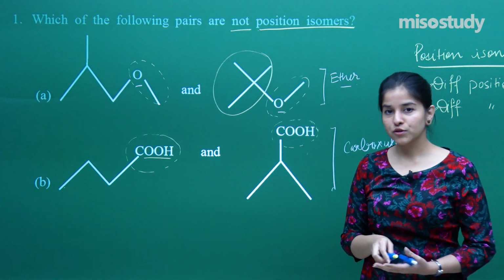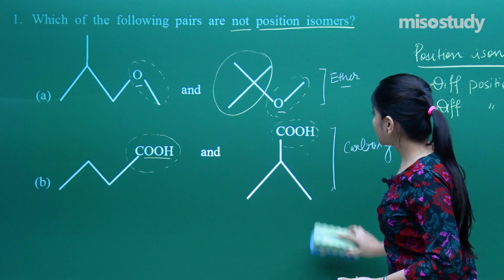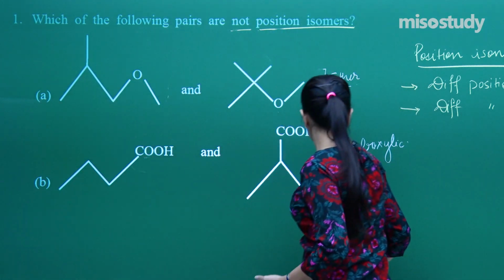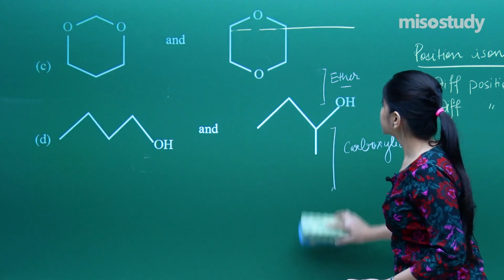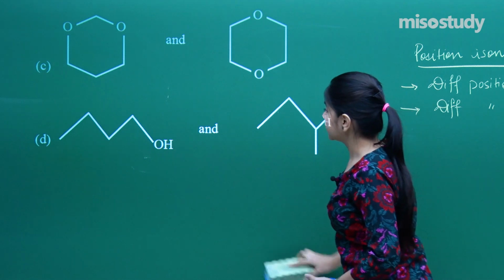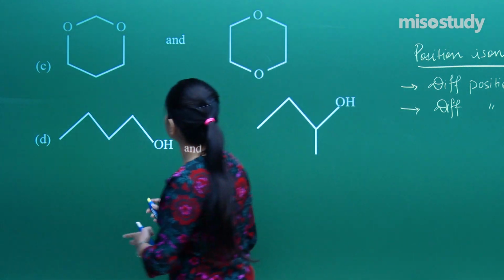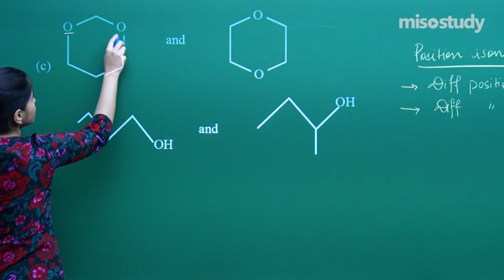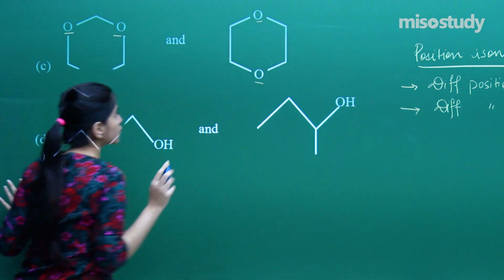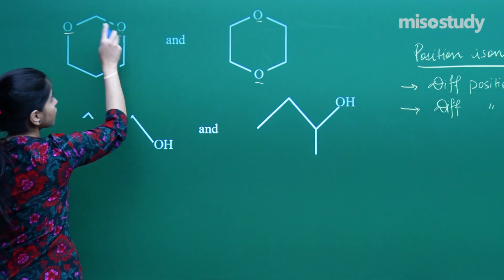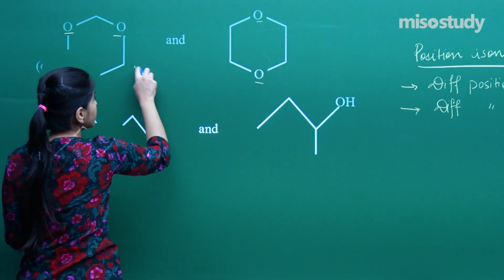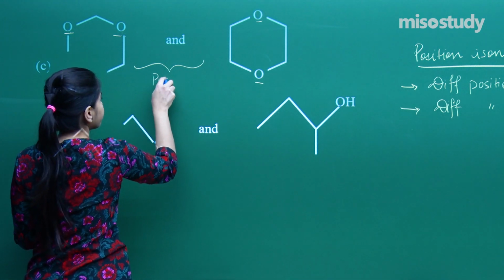I hope you are able to notice it. Now the next two options. The first option here, that is C, again has two O's, which are the functional groups. The position of the functional groups is again changed, showing a position isomer.